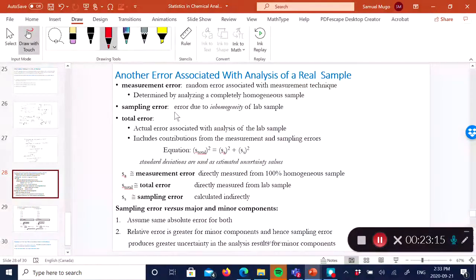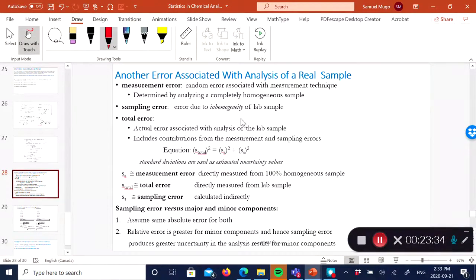The sample that you get is representative of the whole, because that's what you're taking to the lab. However, in cases where you're doing heterogeneous samples like solid sampling, it becomes fairly tricky to get a good representative sample.